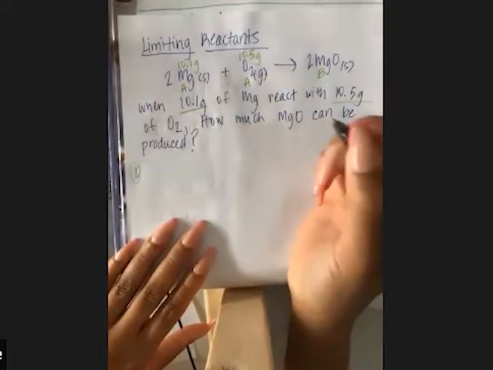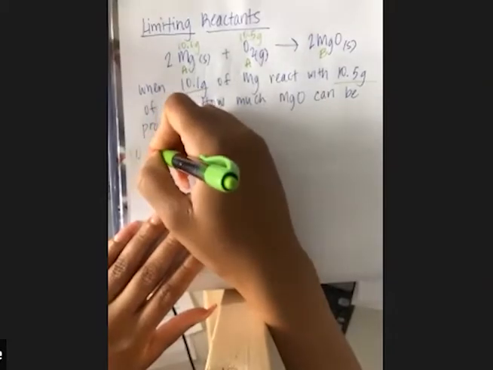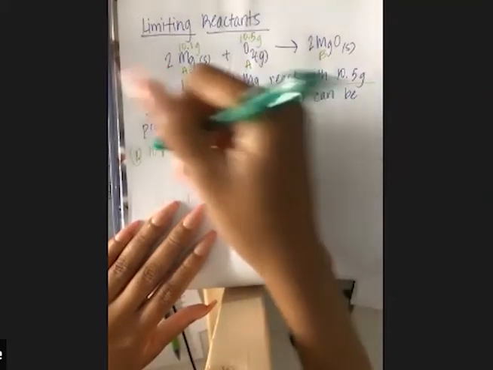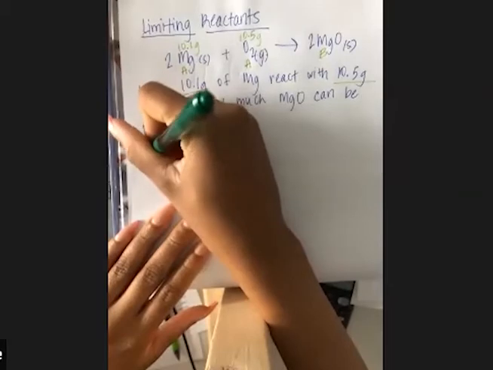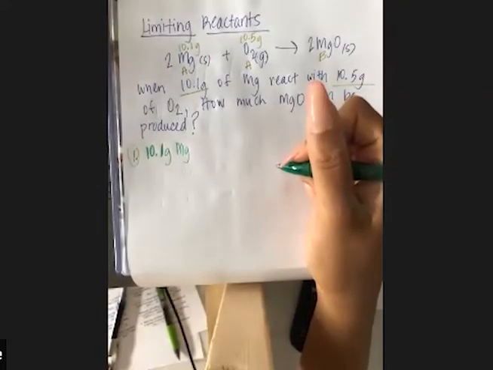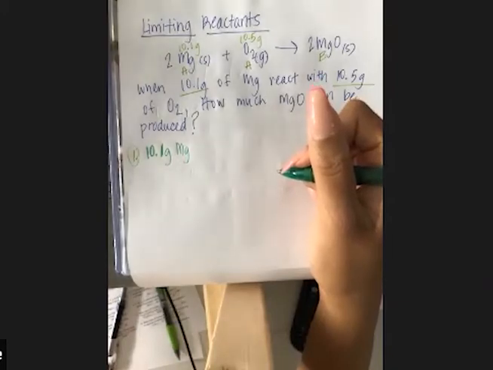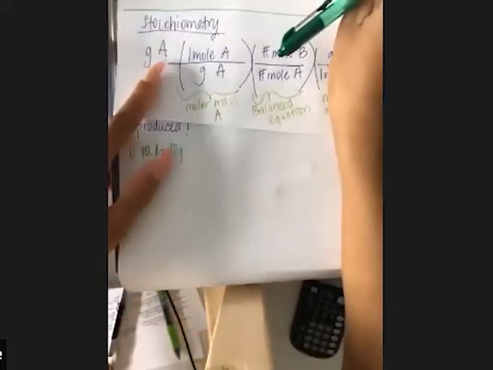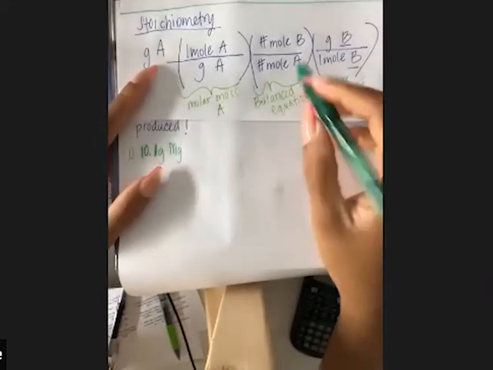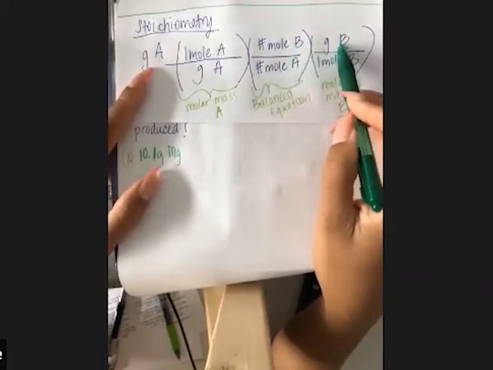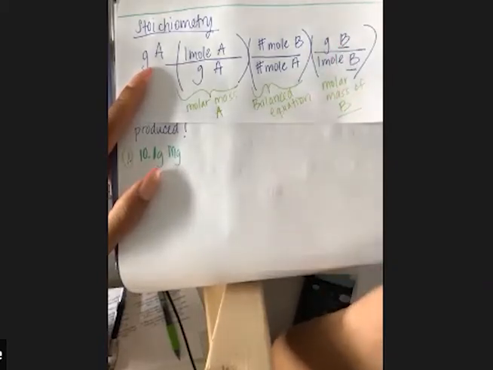So if I set up 2 calculations, I'll just start off with the magnesium because that's the one I see first. In this case, I have 10.1 grams of magnesium. And then I'm just going to go through my steps that say if I start off with grams of A and I want to convert it to B, converting it to B actually means I can stop right here at moles of B. Most of the time we go to grams of B because there's another step after this where we sometimes have to calculate the percent yield.